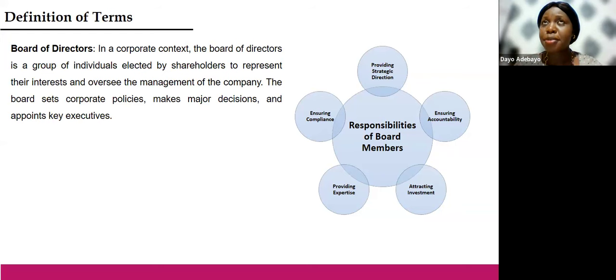For instance, they want to see the finance person in the organization. They are highly interested in knowing who the head of finance or the CFO is. They are interested in meeting the person, and they also want to see the head of HR in the organization, because they know that no matter the strategy, they want to be sure they have the right people in the system that can execute the strategic plan.